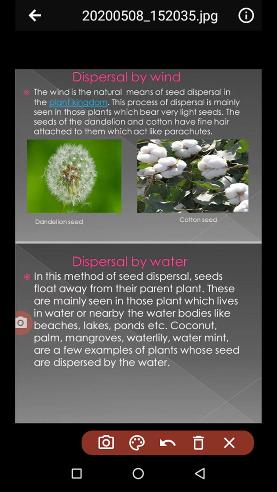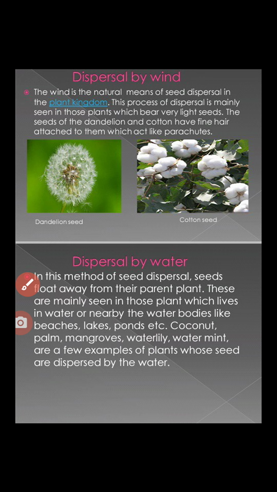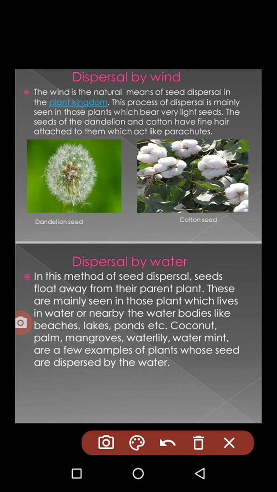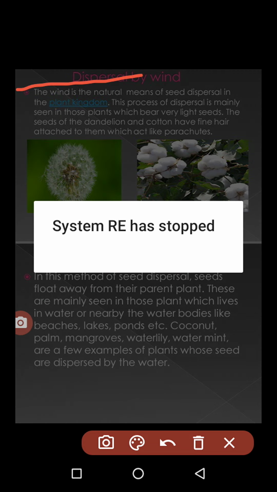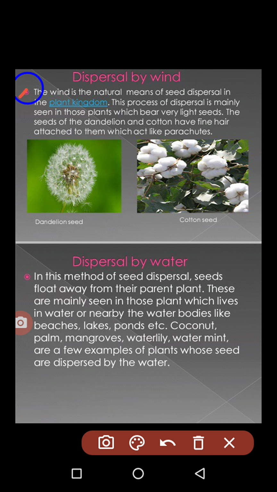So the first dispersal is dispersal by wind. I will tell in detail line by line. The wind is the natural means of seed dispersal in the plant kingdom.